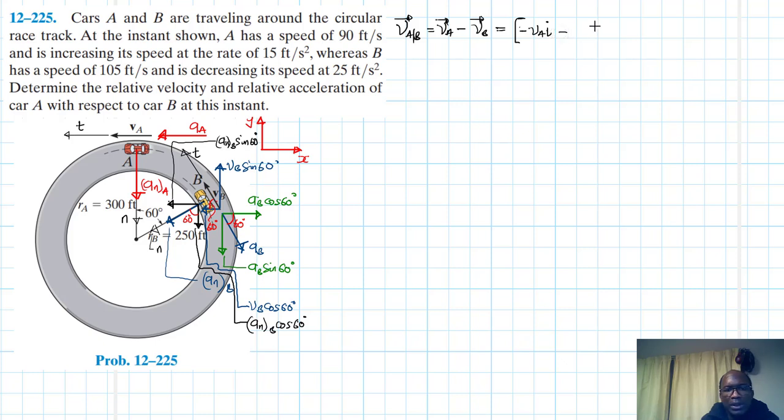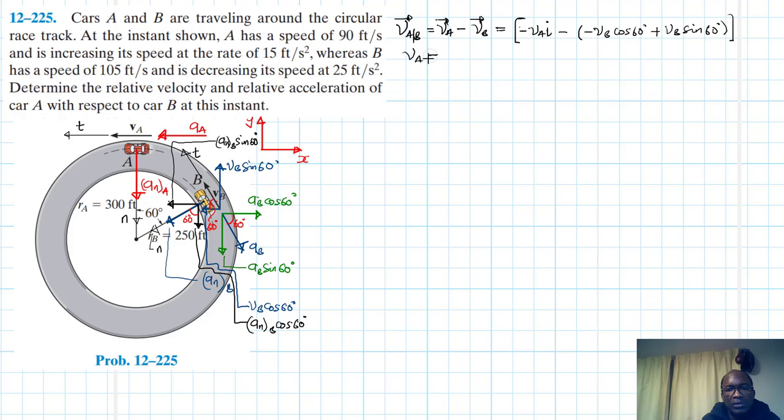Then minus v_B. B has components: minus v_B cos 60 plus v_B sin 60. Is that all? Yeah, that's all.